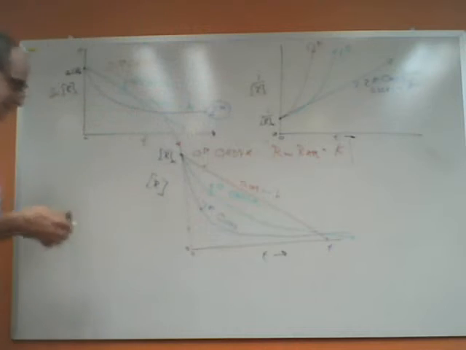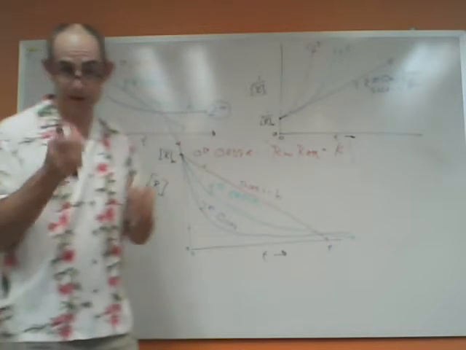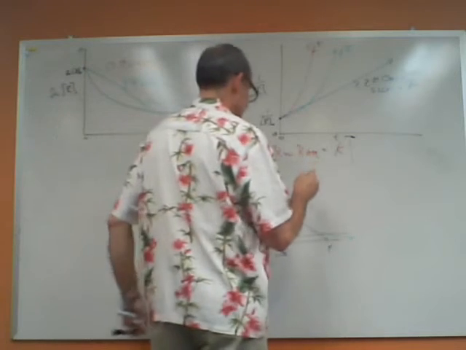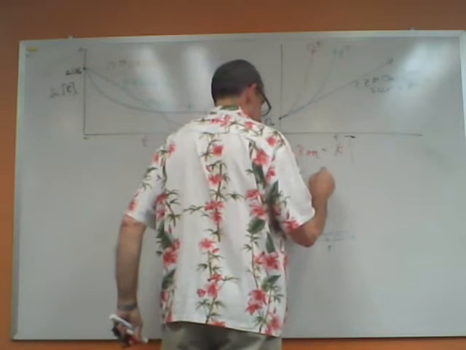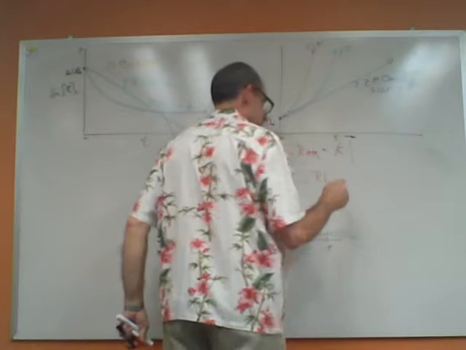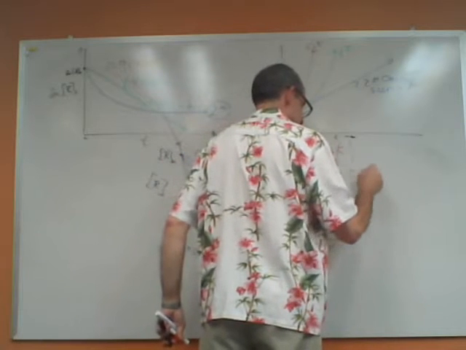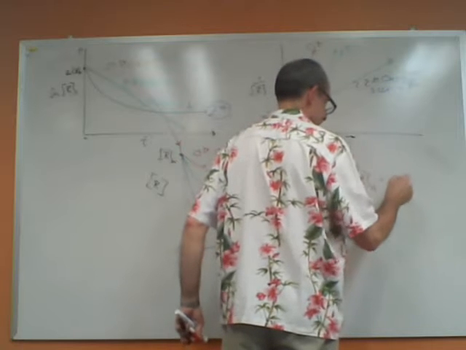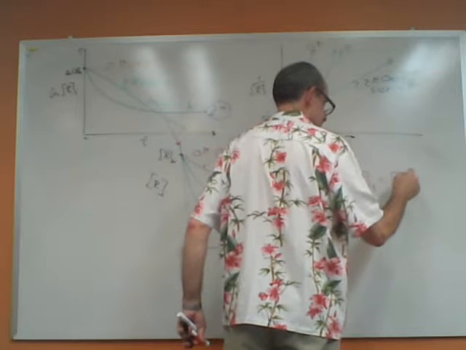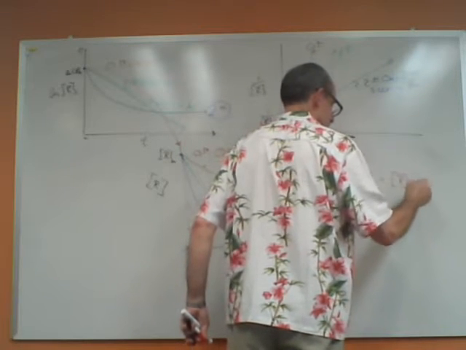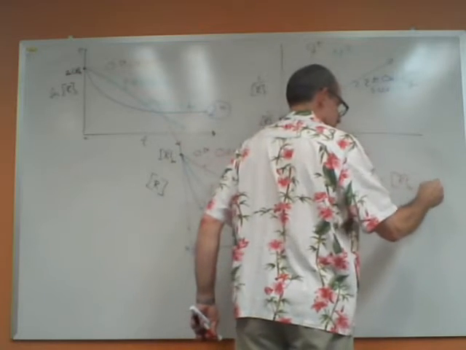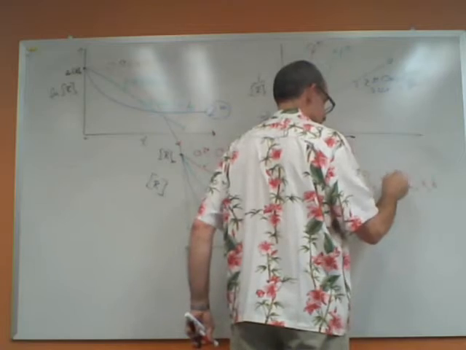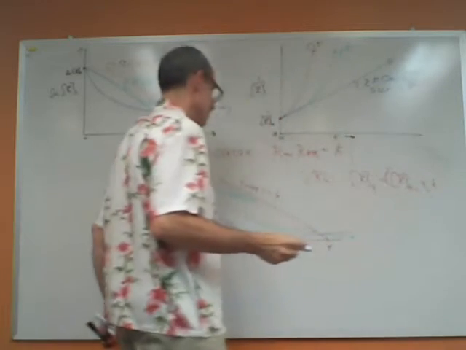These plots generate what are called the integrated rate laws for these reaction mechanisms. An integrated rate law is a plot of the concentration of R versus t in terms of the initial concentration of R and time, and the rate constant k. So it's some function of these quantities.